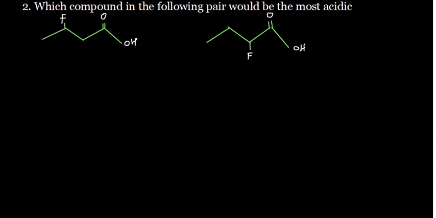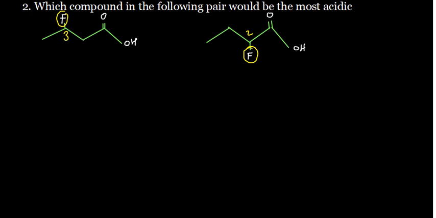Let's consider this other one. Which one do we expect to be a much stronger acid? Also, we have the same number of carbon atoms, except fluorine here is attached at the second carbon, and here it is attached at the third carbon. So which one do we expect to be a much stronger acid?